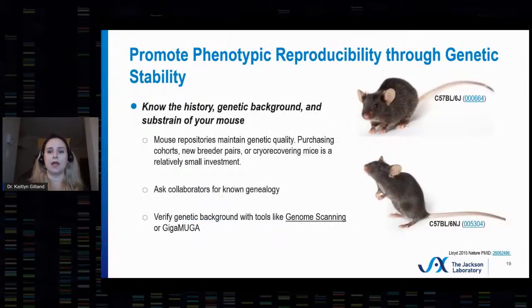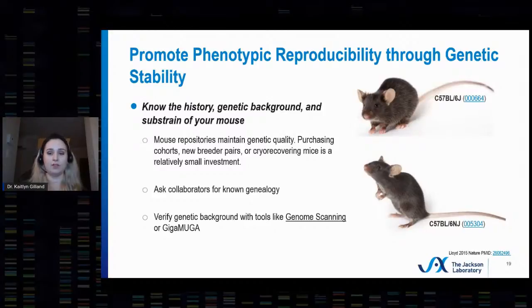You might be asking, how do we lower the impact of genetic drift, and how do we maintain our phenotype to the best of our ability? One of the most impactful things to do is to know the history of your mouse. What I mean by that is to know the genetic background and the substrain of your mice. You might consider purchasing cohorts from mouse repositories because they maintain genetic quality.